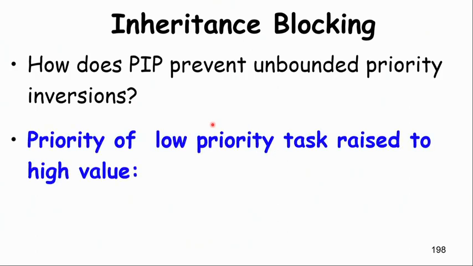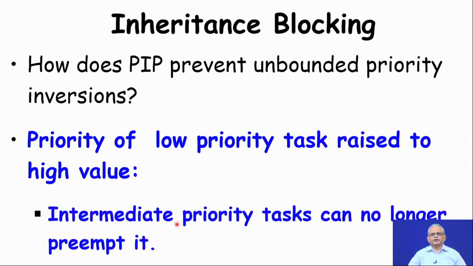It solved it because in the inheritance clause, the priority of the low priority task is raised to the priority of the high priority task that is waiting, and therefore, the intermediate priority tasks that were preempting the low priority task from CPU usage cannot do so, and therefore, the unbounded priority problem is solved.